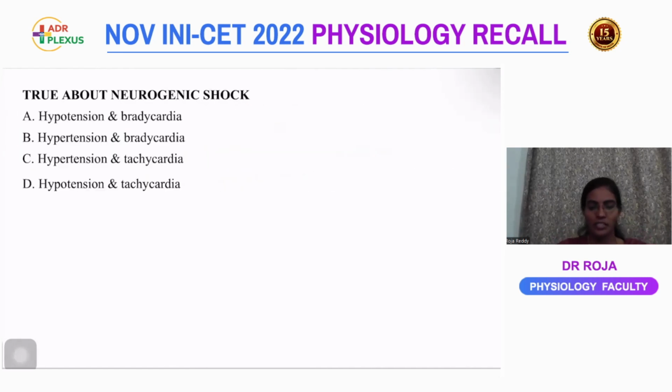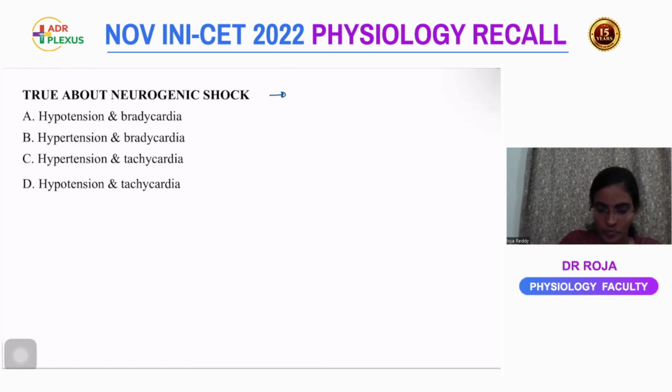And then the next question is: true about neurogenic shock. So what is this neurogenic shock? What are the various reasons for the shock? What are the options given? First, hypotension and bradycardia, hypertension and bradycardia, hypertension and tachycardia, hypotension and tachycardia. Coming to neurogenic shock, the name itself says it is due to some neural condition.